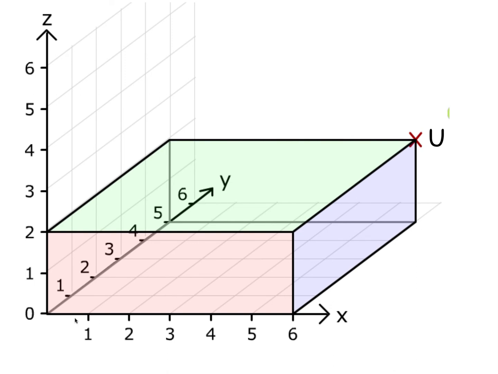So for this point U, 6 units along the x direction, 5 units in the y direction, that 5 there, and then height, the z direction, 2 units. So it's 6 in the x, 5 in the y, and then 2 in the z. So that's 6, 5, 2.